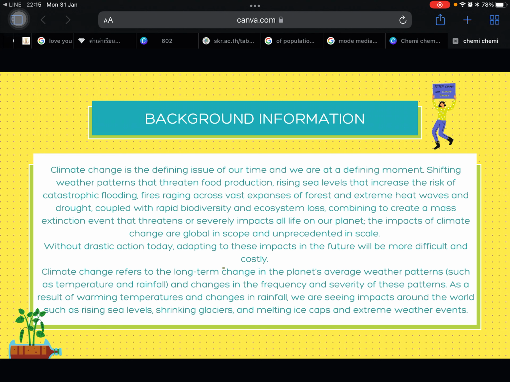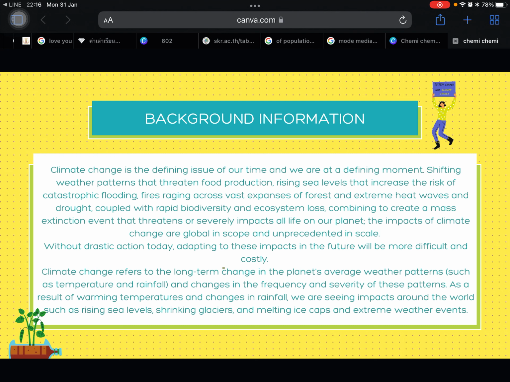Background information. Climate change is the defining issue of our time, and we are at a defining moment: shifting weather patterns that threaten food production, rising sea levels that increase the risk of catastrophic flooding, fires raging across vast expanses of forests, and extreme heat waves and droughts, coupled with rapid biodiversity and ecosystem loss, combining to create a mass extinction event that threatens or severely impacts life on our planet.